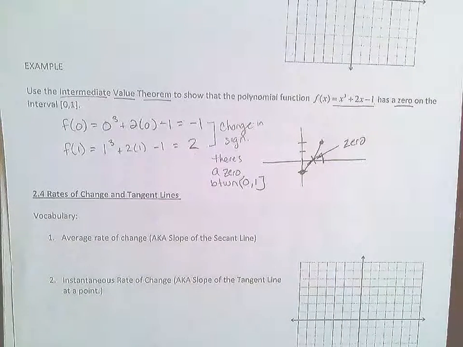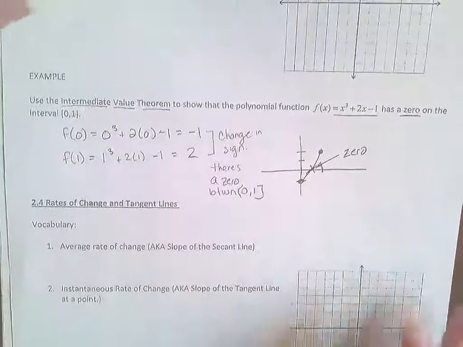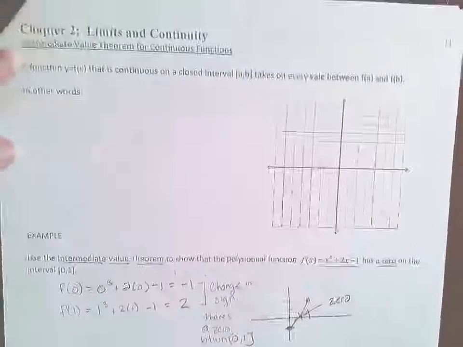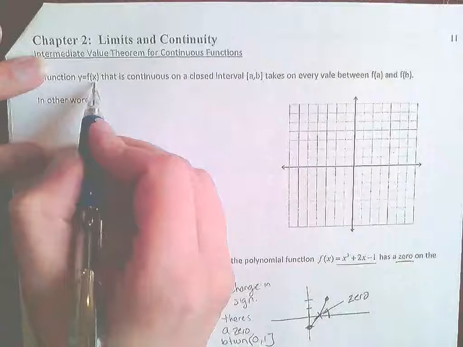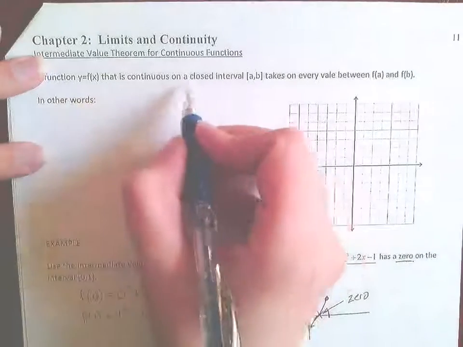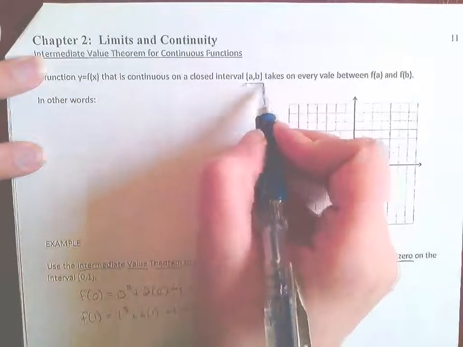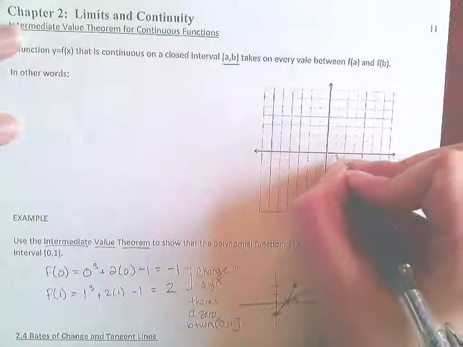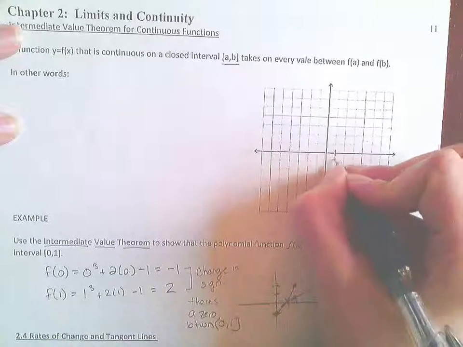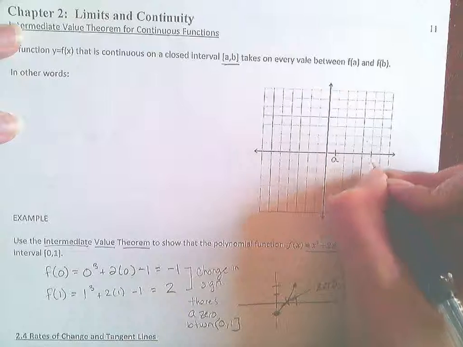Now we're going to start looking at it a little bit differently. And the homework problems are going to be a better bet for you. So a function, y equals f of x, that is continuous on a closed interval, a, b. So I'm just going to draw a function here. Let's call this guy a and this guy b.